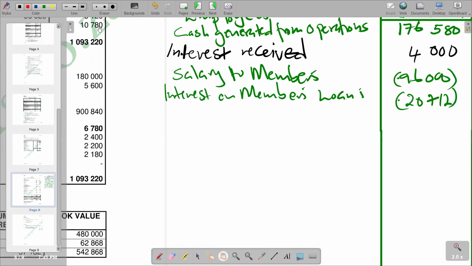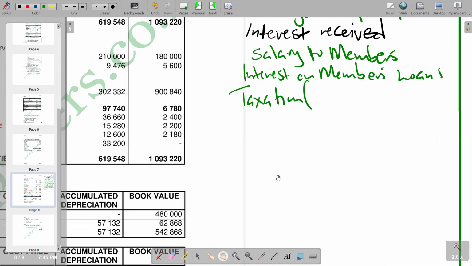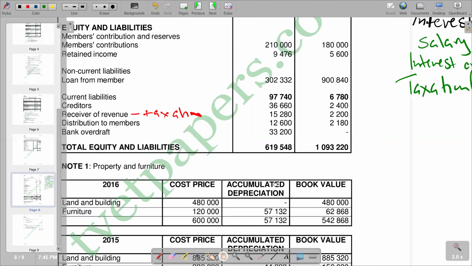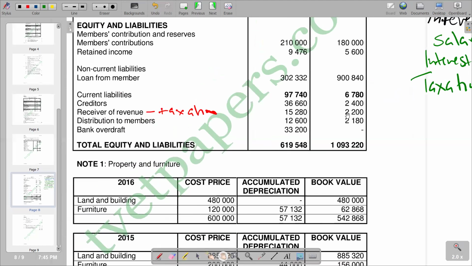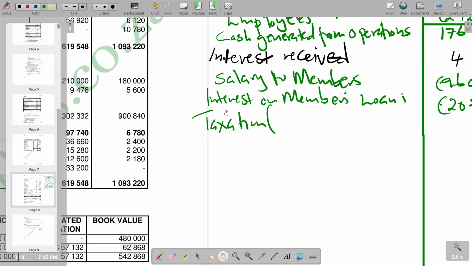Taxation. Remember, we're saying balance at the beginning if it's an accrual. We are saying 2,200.